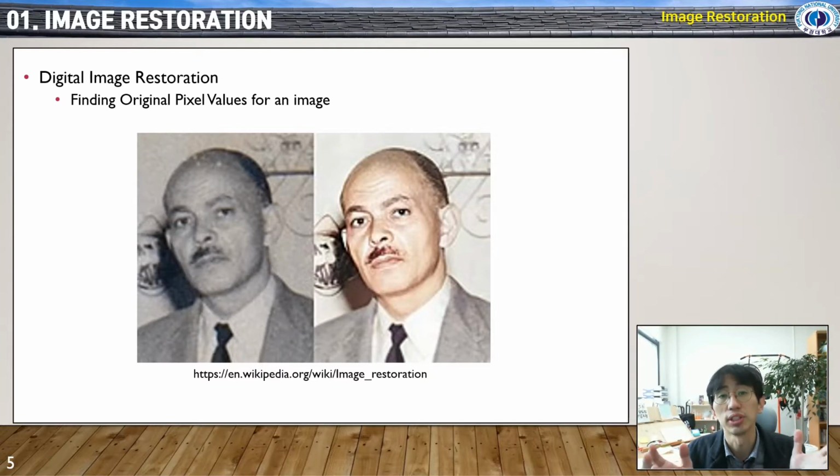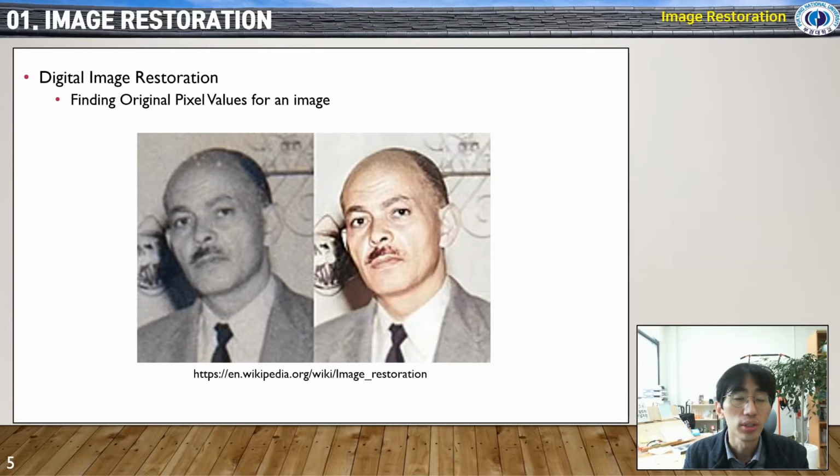So there is an image, an original image, but it was distorted somehow. If it's not a digital image, if it's just a real image, then maybe you pour coffee on it or something tears, and many things could happen if the photo is very old.